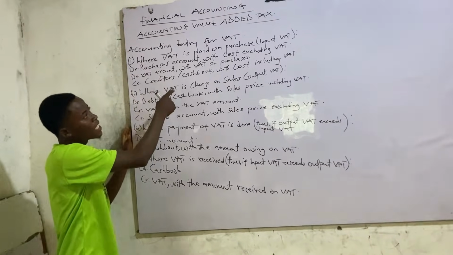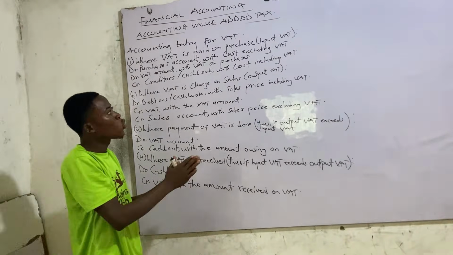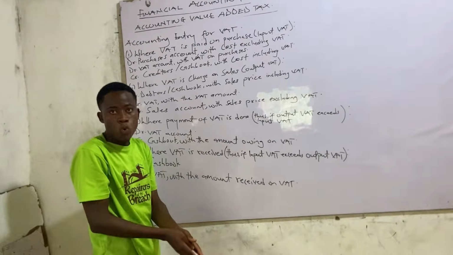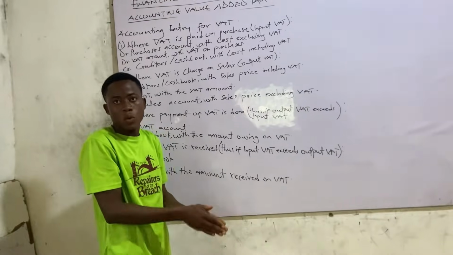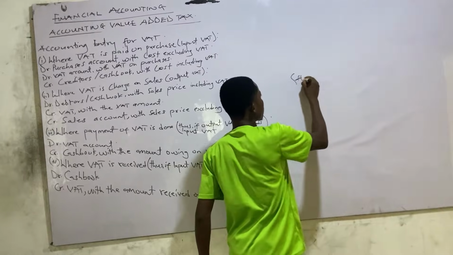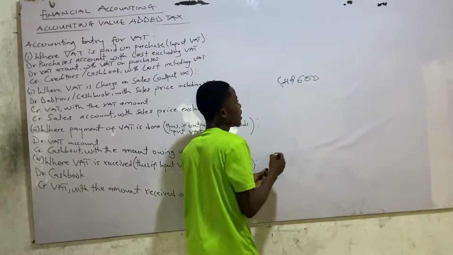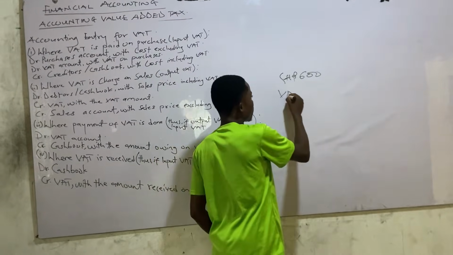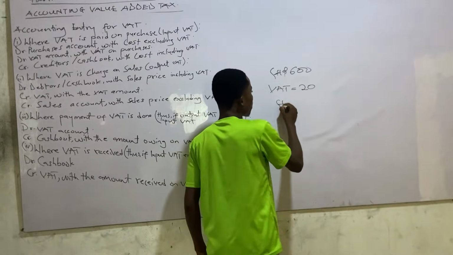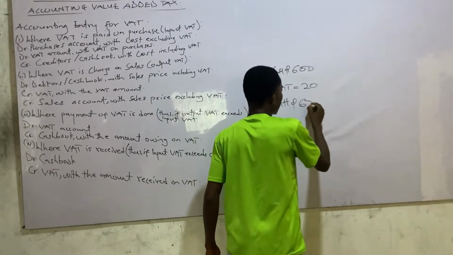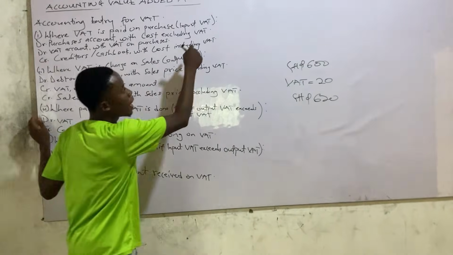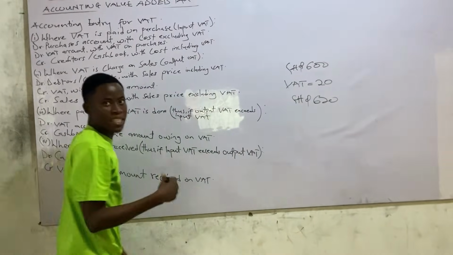Now what do we do? We debit purchases account with the cost excluding VAT. That means when you make purchases of goods, you debit the purchases account with the amount involved. So if you purchase goods for, let's say, 600 Ghana cedis, and then VAT equals 20, then the total amount is 620 Ghana cedis. What we do here is that we debit the purchases account with 600 cedis.